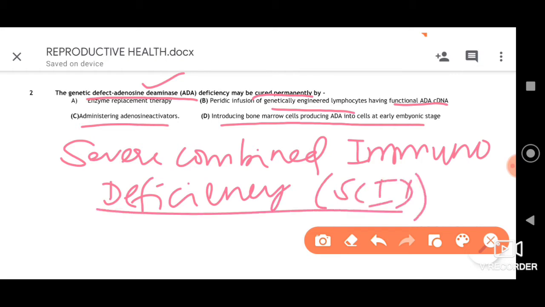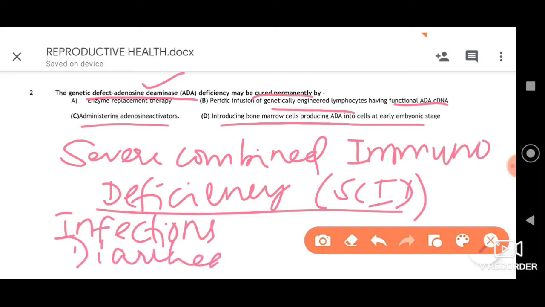It is a life-threatening syndrome where recurrent infections can be seen, recurrent diarrhea, and dermatitis can also be one of the common symptoms associated with SCID. There is failure to thrive, and survival becomes difficult because the complete immune system will break down. T lymphocytes will also not be sufficiently produced, because adenosine deaminase is very much essential for their production.